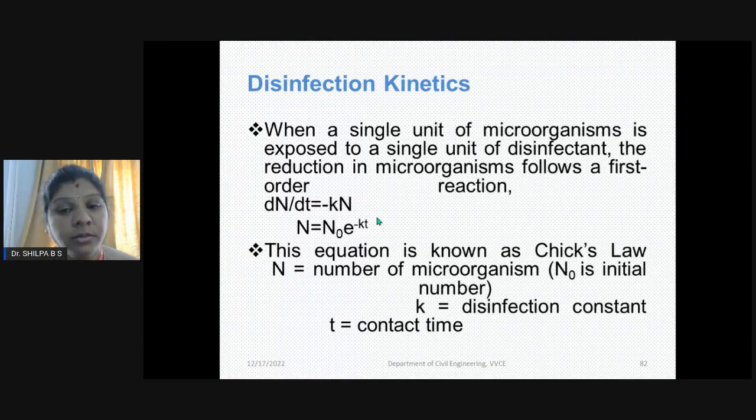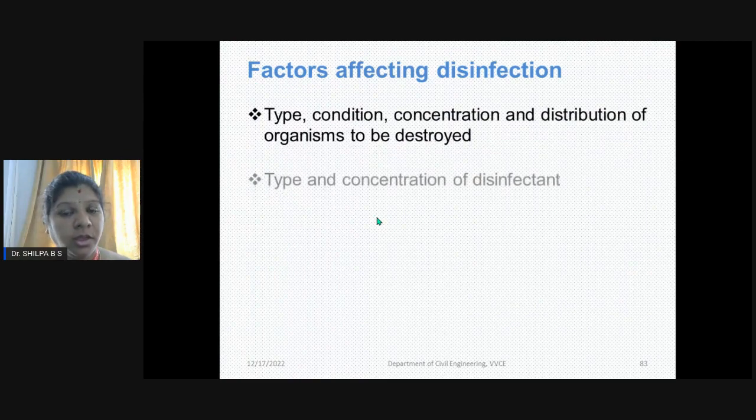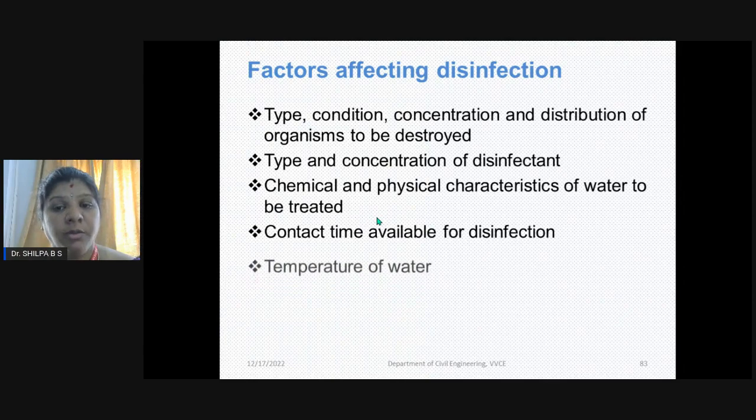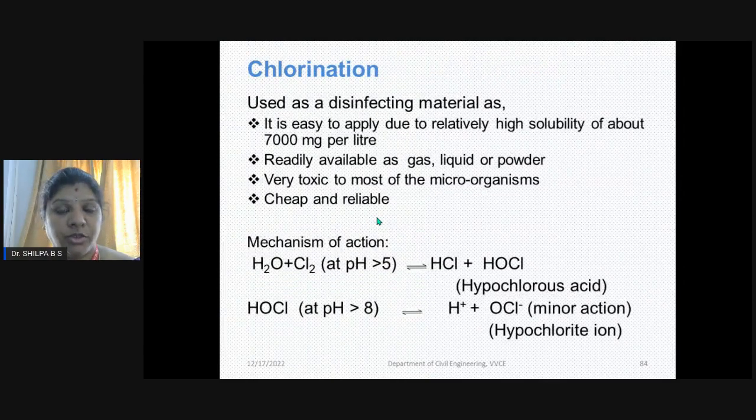This equation we call Chick's law. The factors that affect the disinfection process are: type, condition, concentration, and distribution of organism; type and concentration of the disinfectant; chemical and physical characteristics of water; contact time available for disinfection; and temperature of water.